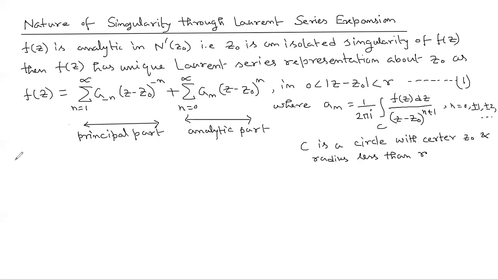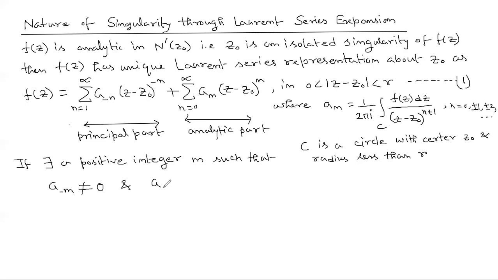That means if there exists a positive integer m such that a minus m is not equal to 0, that means the coefficient of (z minus z0) power minus m is not equal to 0, and a minus n is 0 for all n strictly greater than m. That means after (z minus z0) power minus m, all the terms are zeros.